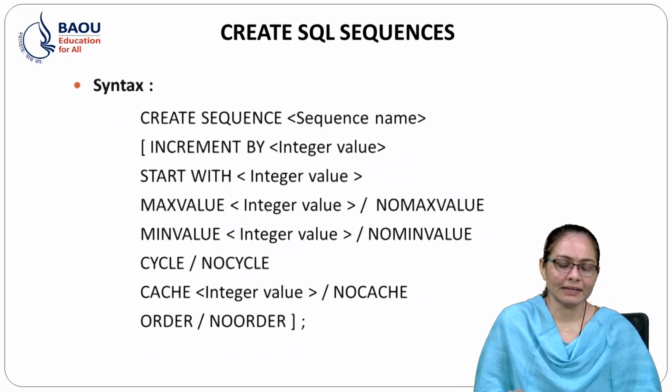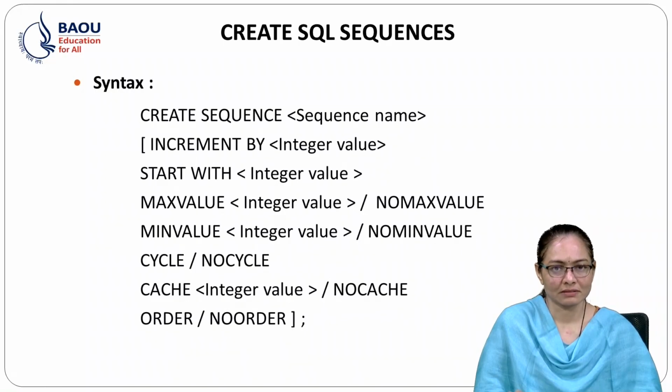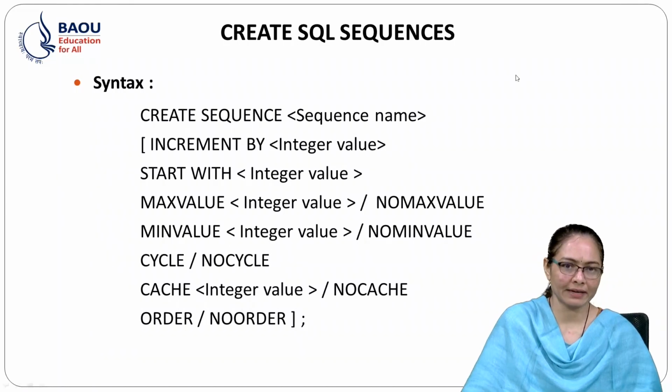Now create the SQL sequence. This is the syntax of the SQL sequence. First is CREATE SEQUENCE, then the sequence name. In the square brackets, INCREMENT BY, START WITH, MAX VALUE, MIN VALUE, CACHE, CYCLE, ORDER, these are all optional.